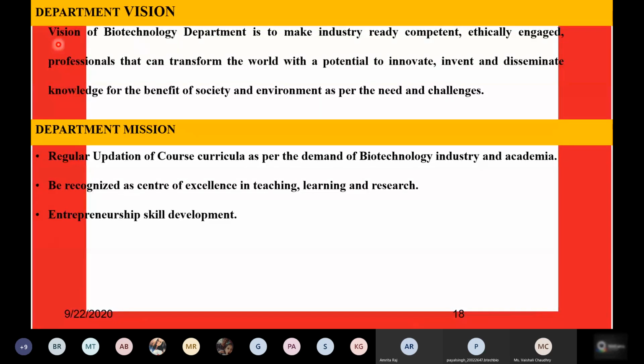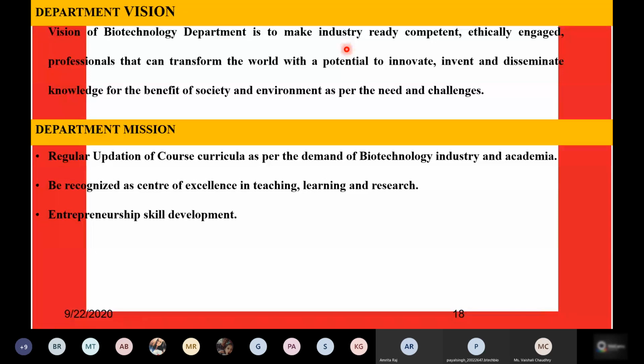And here you can see the vision of the biotechnology department is to make industry-ready, competent students. Industry ready. Now the point is, you are here for 4 years, right? So this is the 4-year time when you make yourself industry ready. Industry ready means ready for the placement. It is not like, okay, after 4 years I will learn how to place myself in the companies.